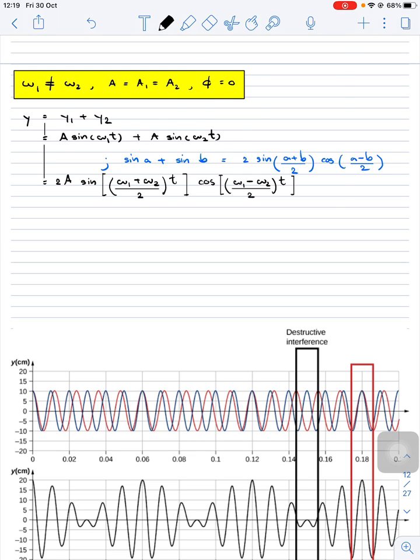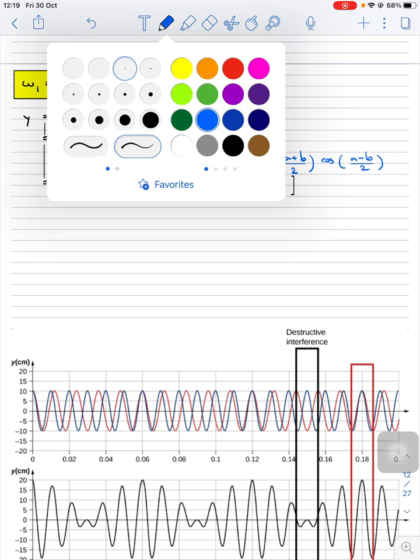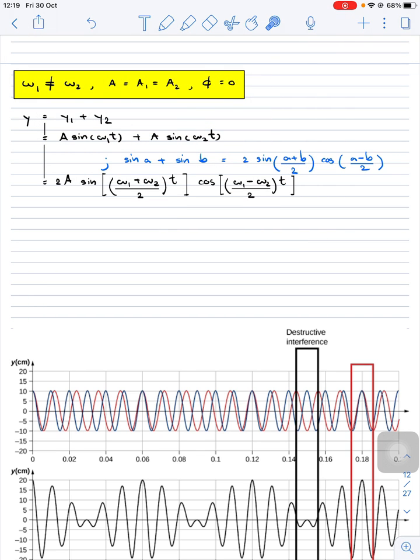Okay. Now, let's notice these two terms. You can see that these two terms, sine and cosine function, both of them just depend on the time t.